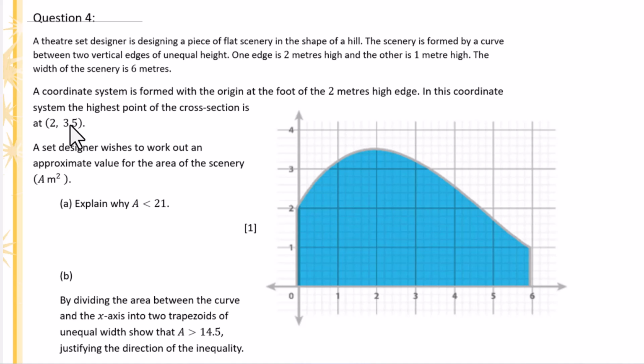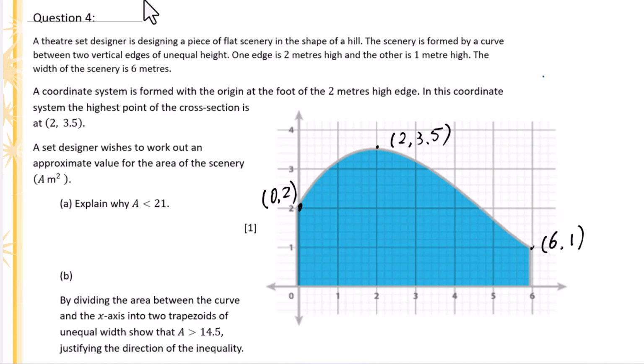A. Explain why A < 21. This is (0, 2). This is (6, 1). This is (2, 3.5). We want to explain why A < 21.